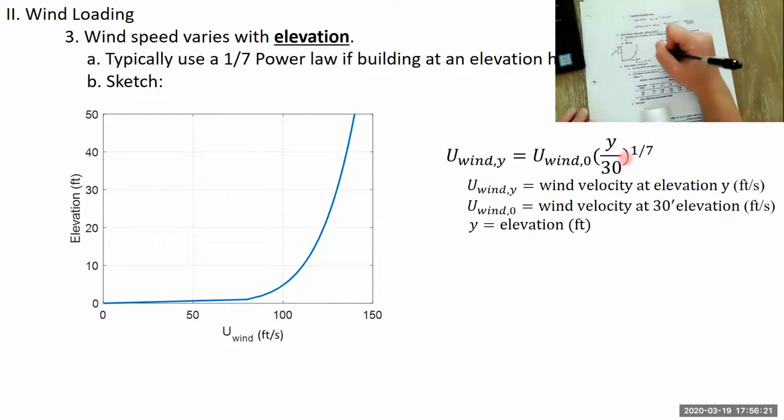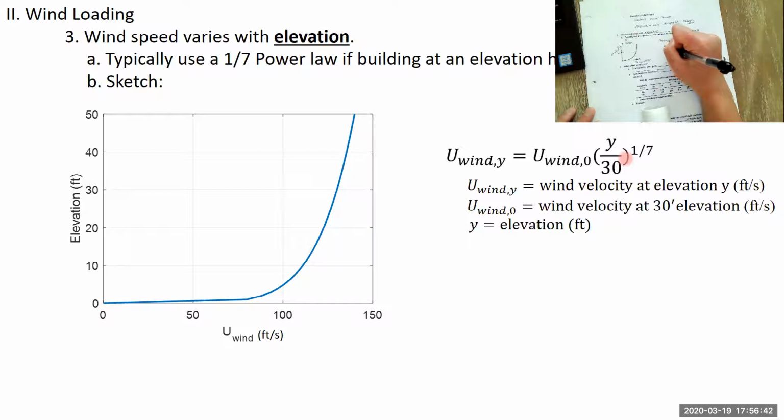in feet per second. So just defining variables here, we have U wind at any elevation y is wind velocity at elevation y in units of feet per second.